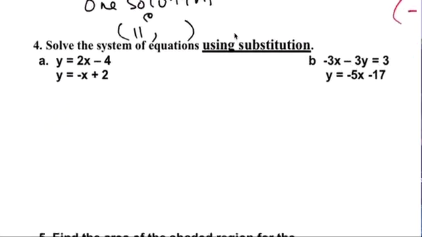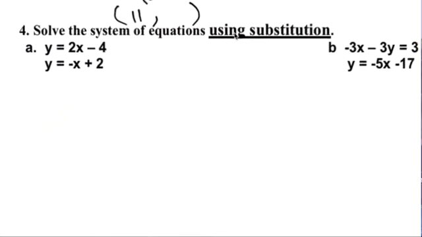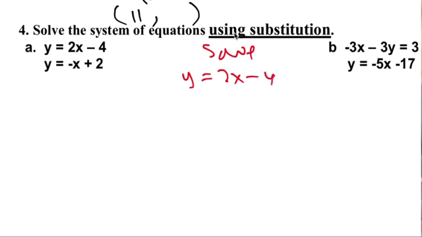Okay, using substitution here, so we need to save one of them. Y equals 2x minus 4. You take that one, put it into here, get 2x minus 4 equals negative x plus 2.